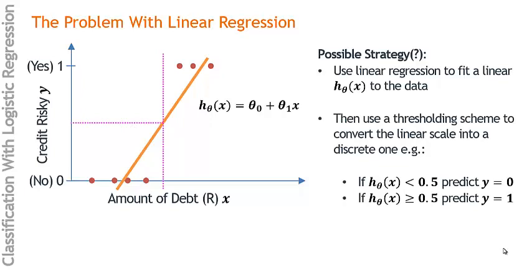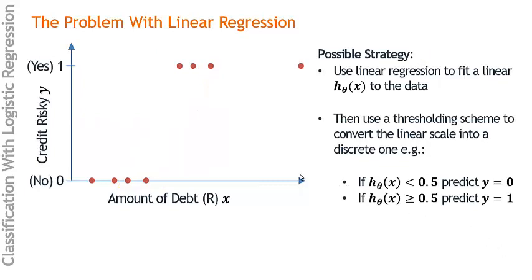Now, this is a perfectly reasonable scheme. The problem is it just doesn't work very well. When you apply performance measures to this kind of classification scheme, it just performs badly. We can also see, for example, if I add just one data point to this data, then the decision boundary shifts completely.